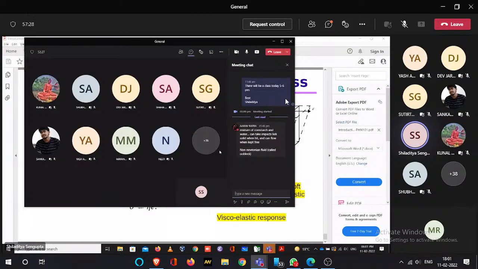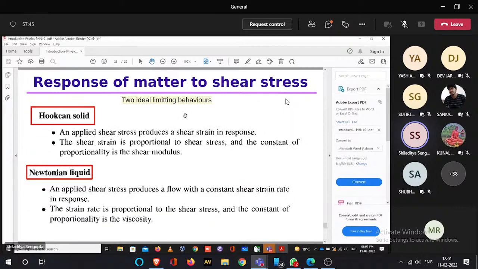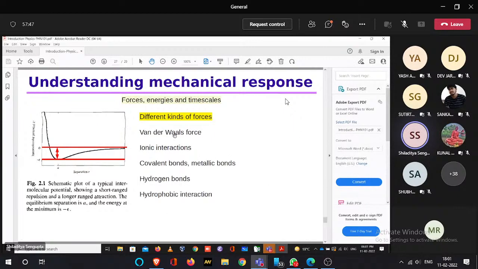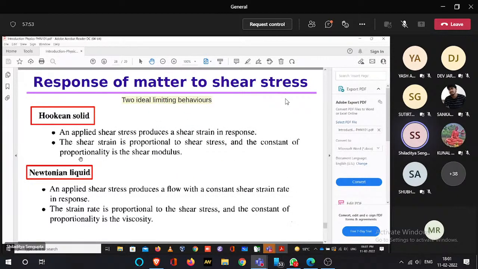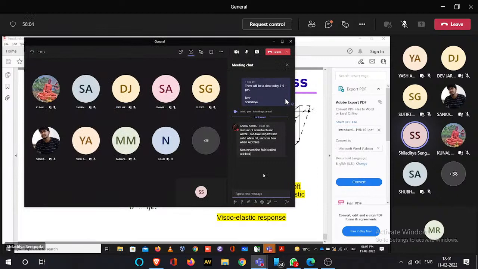So what I will do is give you a brief few pages of reading material which you should study, to know more about what kind of forces there are in a soft material, and what these limiting ideal behavior responses to external shear stress are. So I will stop here. If you have any question, you may ask.